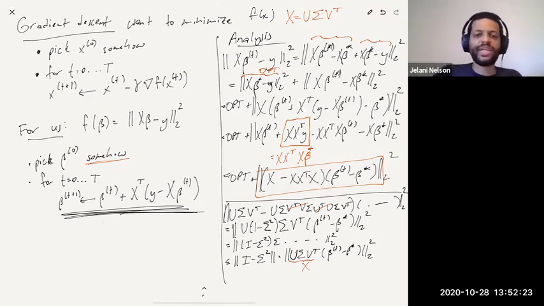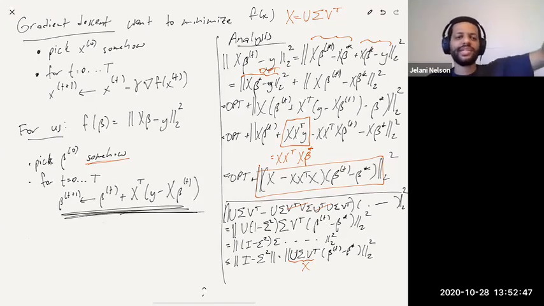Okay. And the point is now, if x is very well conditioned, and let's say all the singular values of x are very close to 1, they're all between, let's say, 0.9 and 1.1, then identity minus sigma squared is just a diagonal matrix with 1 minus the square of all the singular values on the diagonal.